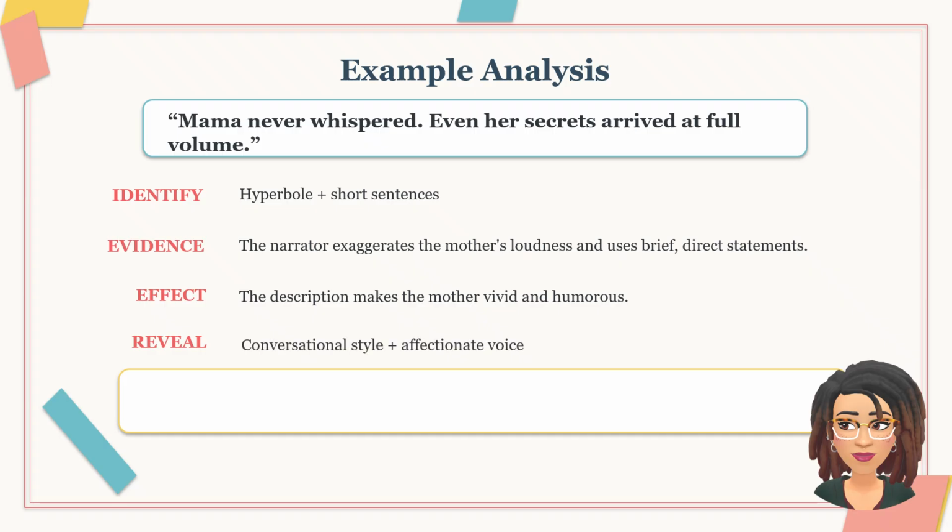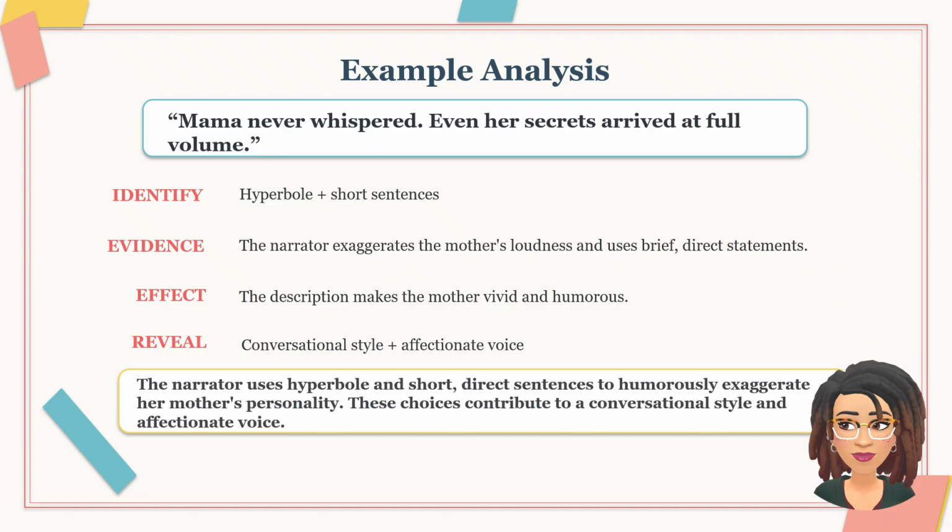And this reveals a conversational style and an affectionate voice. So here is my full statement. The narrator uses hyperbole and short, direct sentences to humorously exaggerate her mother's personality. These choices contribute to a conversational style and an affectionate voice.